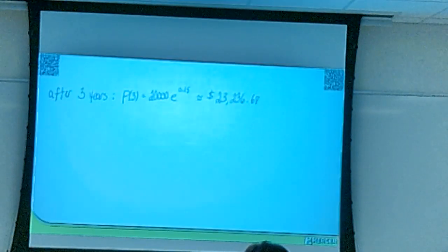How long is it going to take to double? Well, that means we want P of T to be 40,000, right?